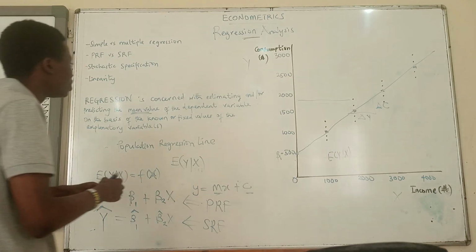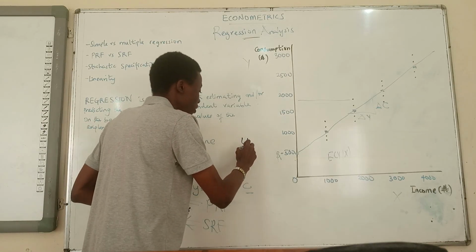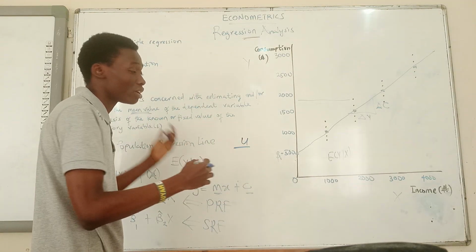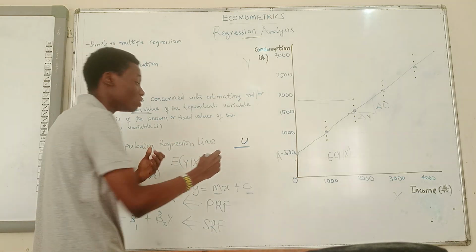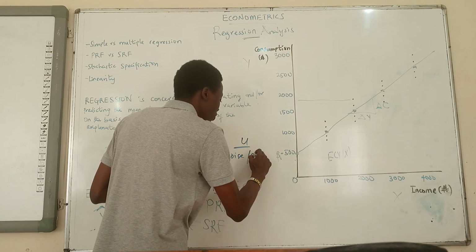And that is what the stochastic error term we use many times is. It is the error term, not as though there's a mistake, but we just use error to incorporate whatever we can't capture. It is also called the noise term.